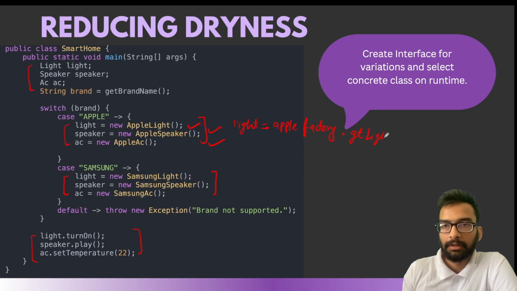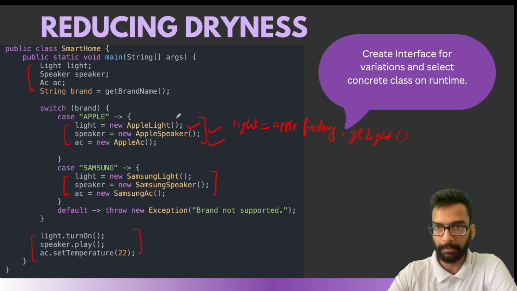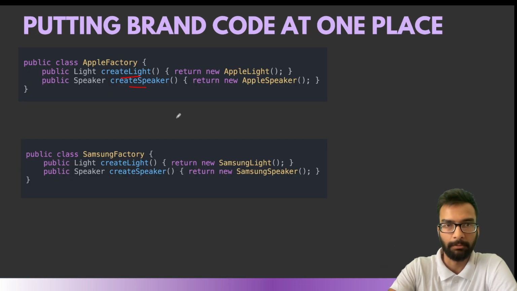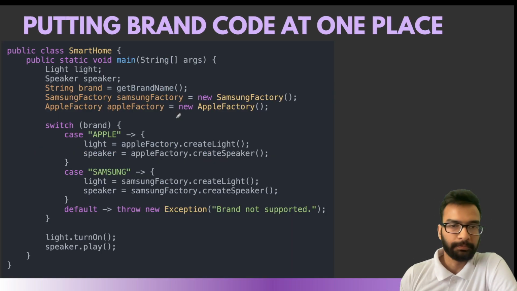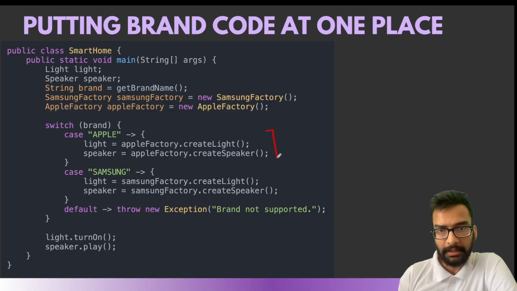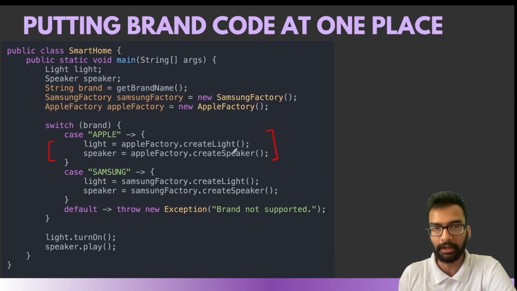Similarly, we will update these parts. After that we will modify a bit more. Just be with me. So now we have updated these portions based upon the factory returning the type of light or type of speaker.